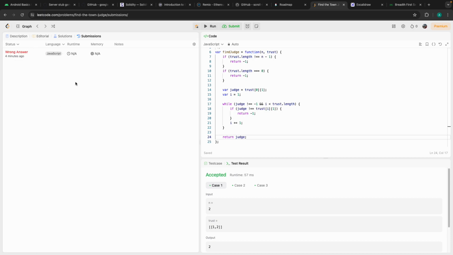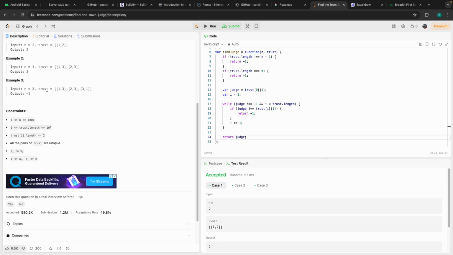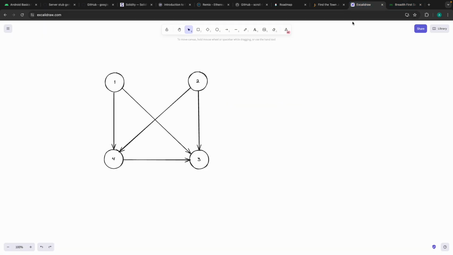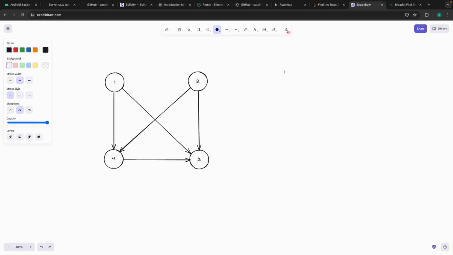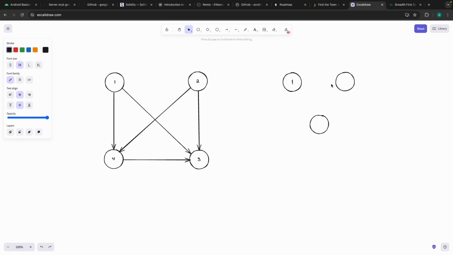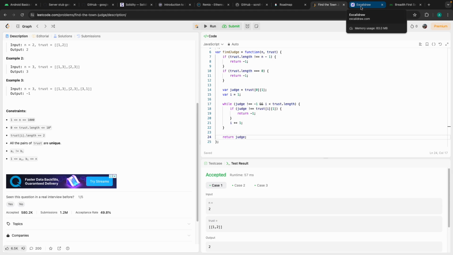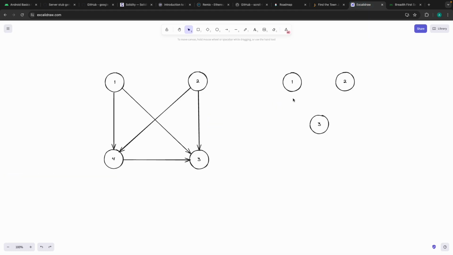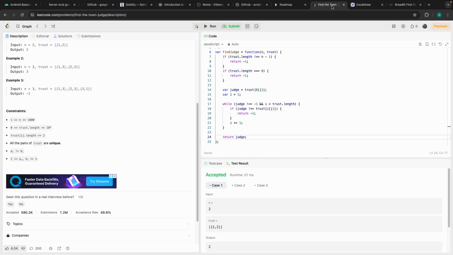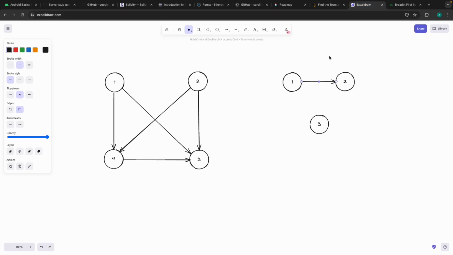Let's take the wrong example. Example 3, 1 to 3, 2 to 3, 3 to 1. One, two, three.